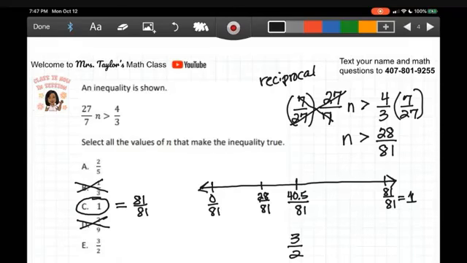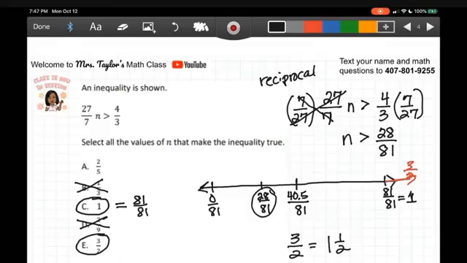So this is really 1 and 1/2. Well, is that going to be bigger than 28 over 81? Absolutely. Because 28 over 81 is here, and 1 and 1/2 continues on over here. So 3 over 2 is going to be greater than 1. So I can pick this one as one of my answer choices as well.